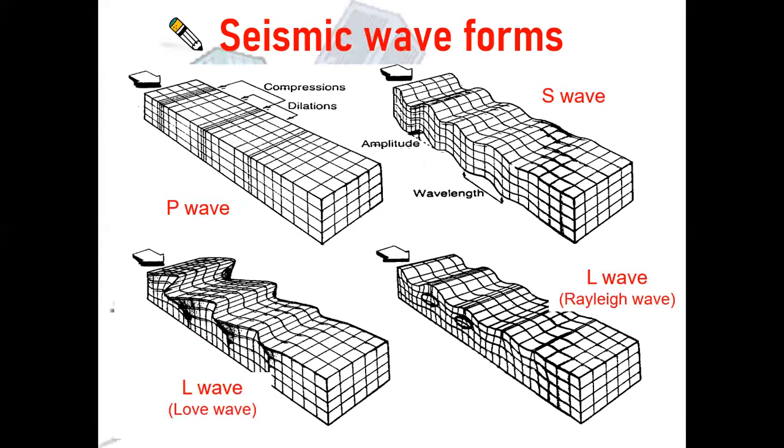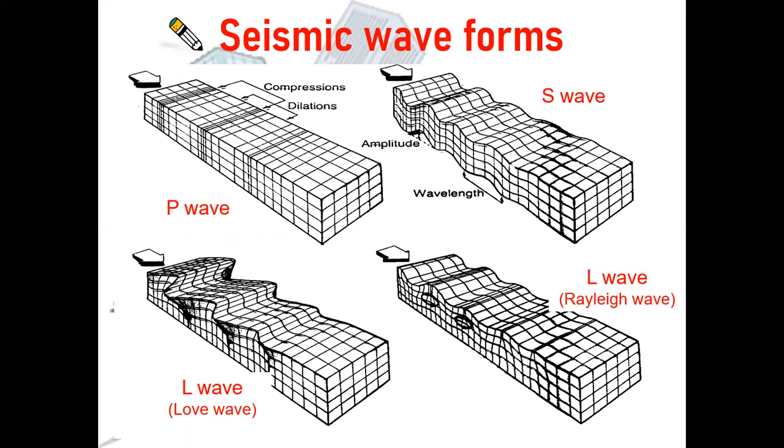Okay, and it has compressions and dilations, and it moves straight forward. It would look like a slinky. With a slinky, you can open it up and close it, and it always goes straight. So that's how the primary waves move.